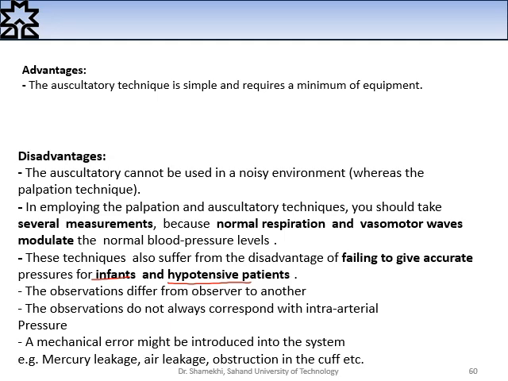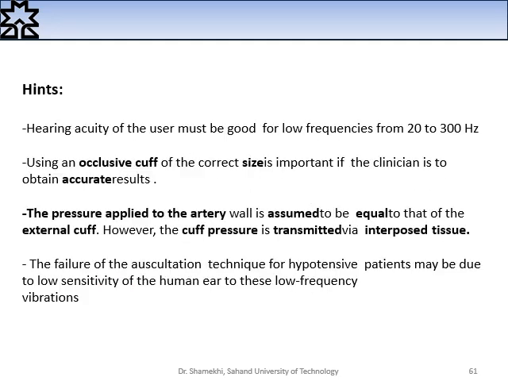And a mechanical error might be introduced into the system, for example, mercury leakage, air leakage, and obstruction in the cuff. Hearing acuity of the user must be good for low frequencies from 20 to 300 Hz. Using an occlusive cuff of the correct size is important if the clinician is to obtain accurate results.